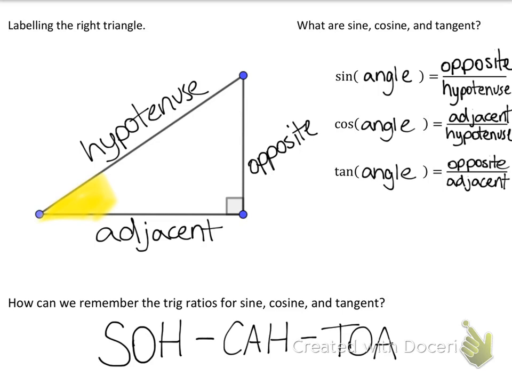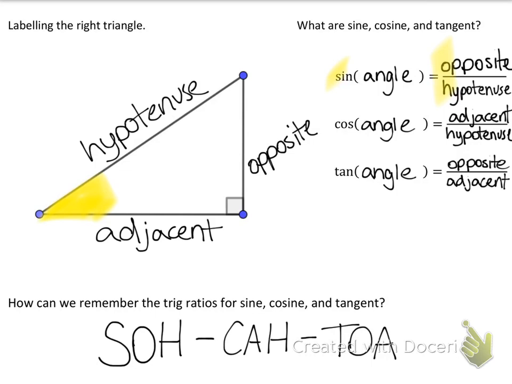TOA, which is T-O-A, means tangent, opposite, adjacent, which means the tangent function is equal to the opposite over the adjacent. All those we've written up here, and we can see S-O-H, sine, opposite, hypotenuse.